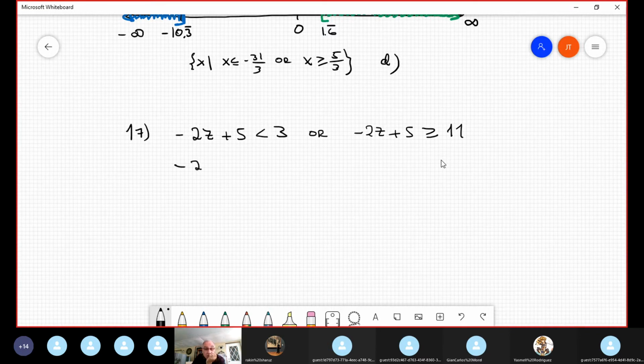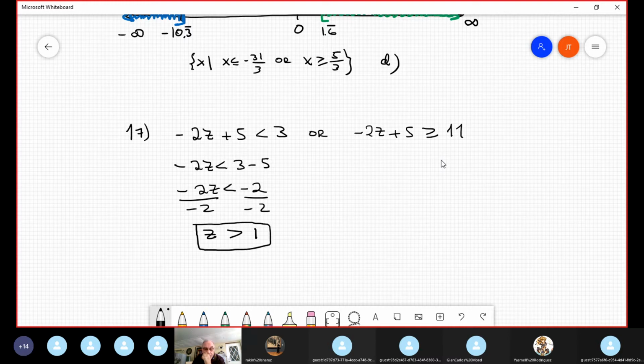Minus 2z is less than 3 minus 5, no? Que es negative 2. Divided by negative 2 on both sides. See, here negative 2 divided by negative 2 is positive 1, and you reverse the inequality. And this is my first partial answer.